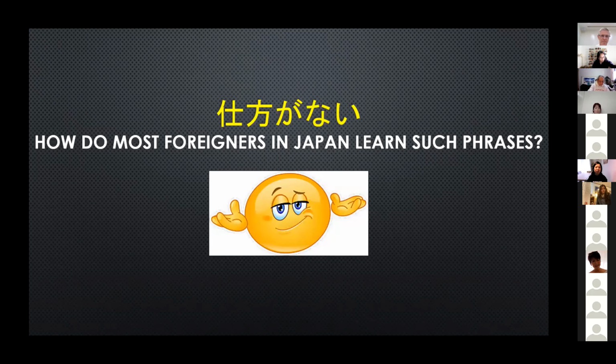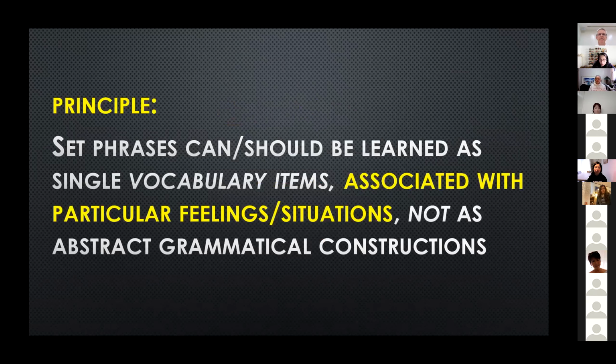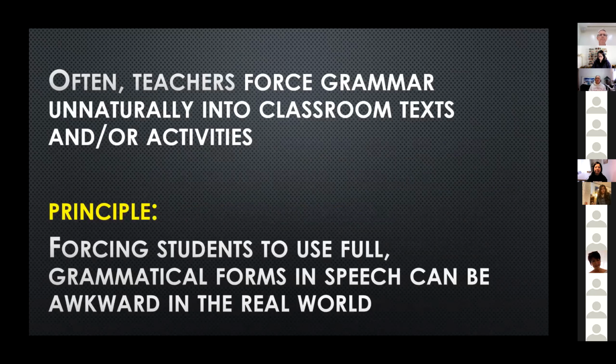As a result, we become able to use the phrase. So, a principle again emerges. Set phrases should be learned as single vocabulary items, and they are best learned when they are associated with feelings and situations. We don't learn them as abstract grammatical constructions.